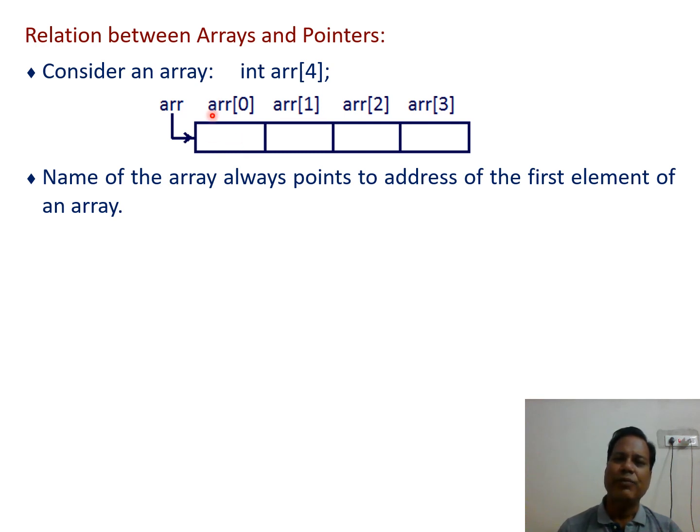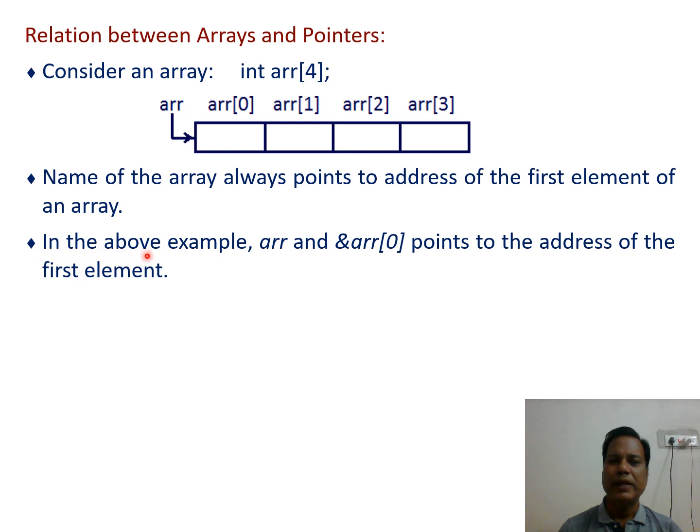So ar[0] indicates the first element. If we have to find the address of the first element, then we write &ar[0], or simply if we write ar, this always points to the address of the first element. In the above example, ar and &ar[0] point to the address of the first element.